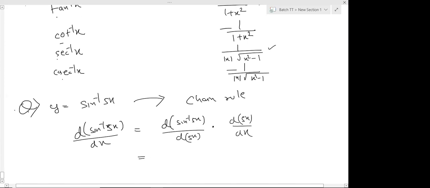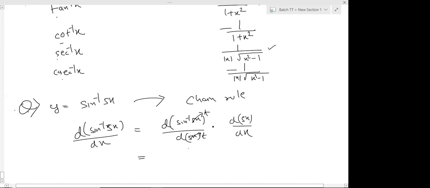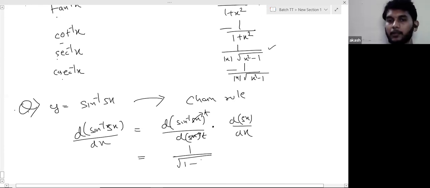Yes, sir. So if we assume 5x is t, then the differentiation of sine inverse t. Sahil, can you read me the formula of sine inverse x? It is 1 upon root of 1 minus x square. Right. So 1 minus t square, multiplied by the differentiation of 5x.